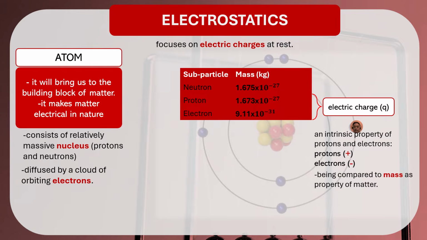In matter, one basic property is the mass itself. So at the atomic level, when you talk about electrostatics, electric charge is not a quantity but the property present in the subparticles of the atom. So it is being compared to mass.